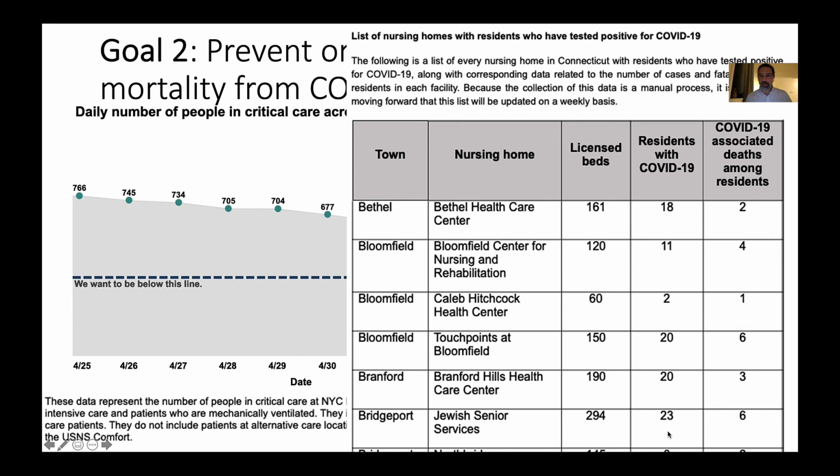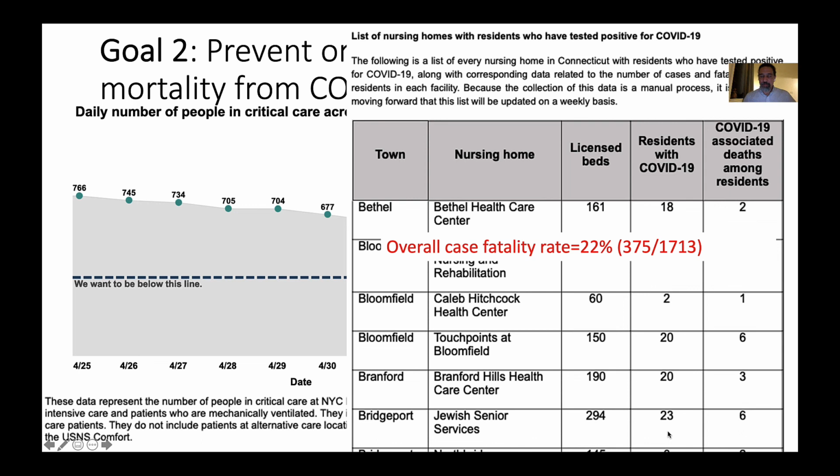This is just a table I looked at several months ago about nursing home outbreaks in Connecticut, which is a state that did publish the number of residents that had COVID-19 and also the COVID-19-associated deaths. I looked across all the nursing homes, and in this case, there were about 1,700 cases at the time.